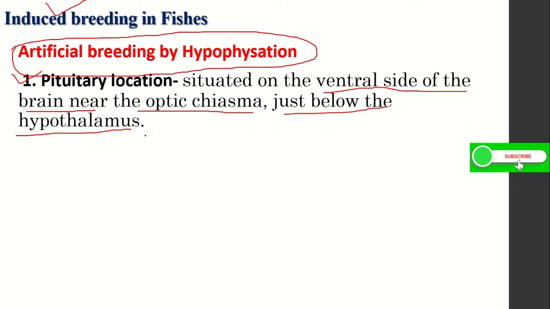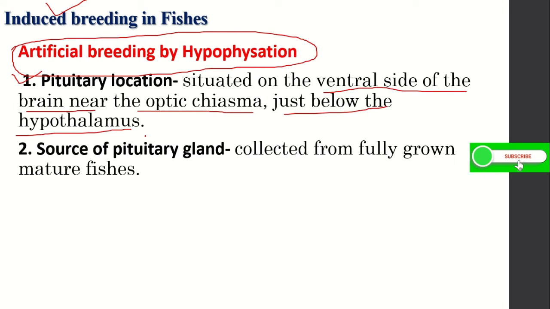Then the second point, source of the pituitary gland. The gland is collected only from fully ripe, that is matured, or gravid fish.